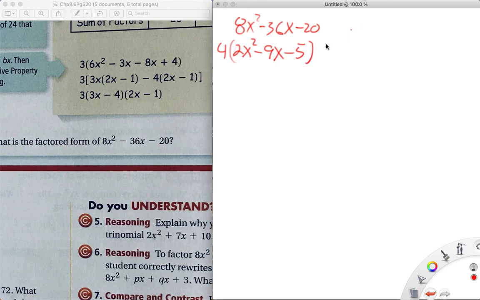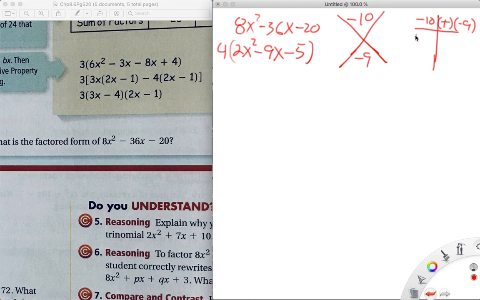So with the diamond method, 2 times negative 5 is negative 10. And I have to think of numbers that multiply to negative 10, and when I add them give me negative 9.